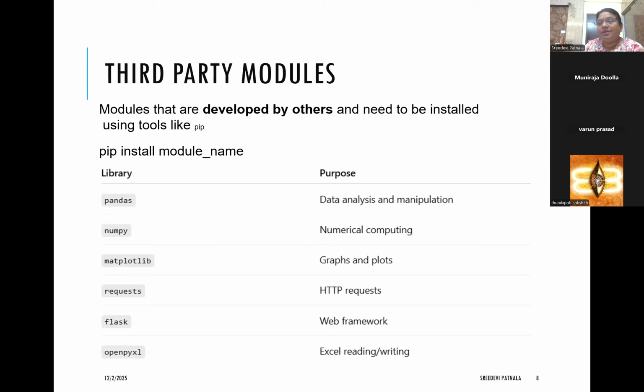Third-party libraries are nothing but something that some other developer in the entire Python community has developed. It is ready to use. You need to install it with the command pip install followed by the module name, library name, or package name. You have to use that installation at your command prompt. You can use the command prompt, or in your Python IDE there is also a settings option under which you can install.